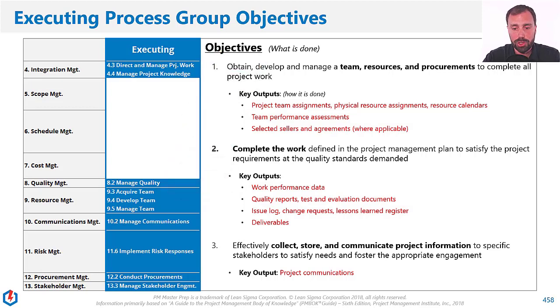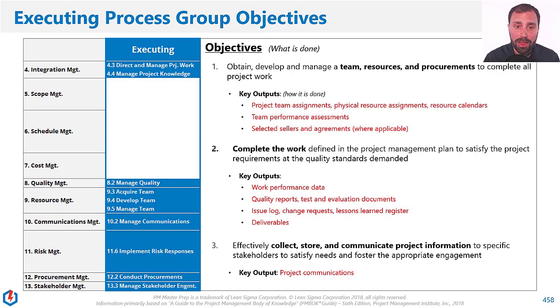And we know we have to record our lessons learned, record our issues, implement change requests at the top in direct and manage work, but submit change requests as we get through. So we're going to do those things and then always use the communication and the stakeholder management together. We're communicating, we're keeping people involved, we're getting feedback back, and we're doing it. So this is an iterative, get it in your brain, iterative process. Producing, being very engaging. That's what we're doing in executing, okay?